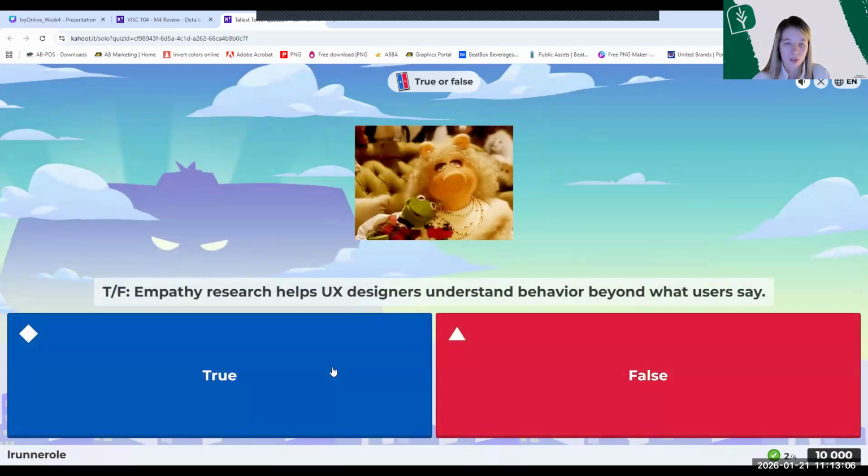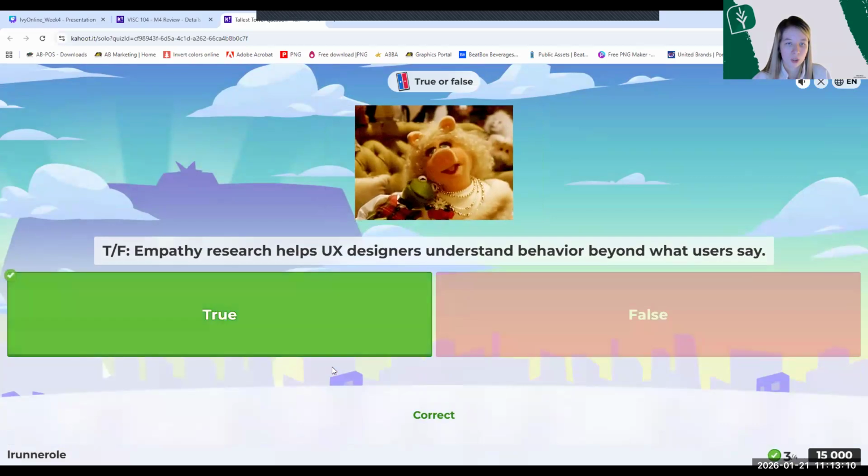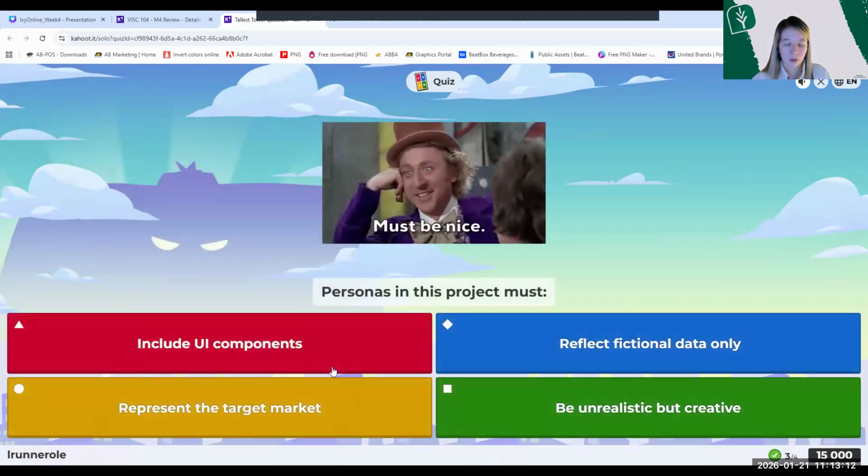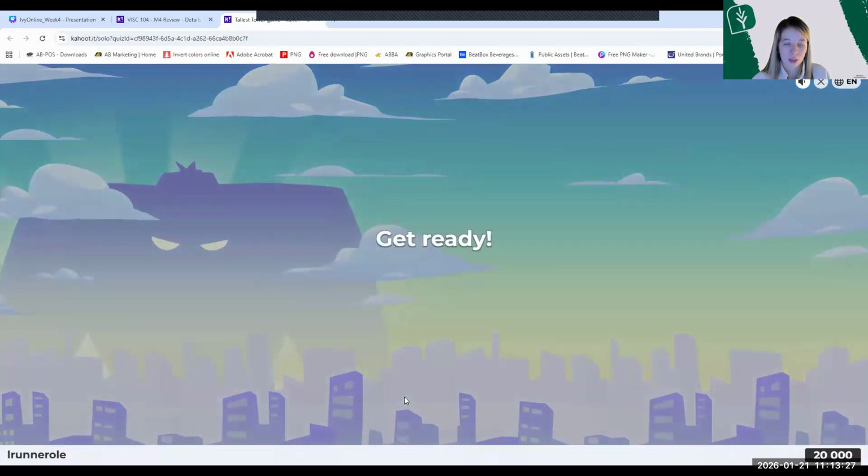Empathy research helps UX designers understand behavior beyond what users say. True. I gotta answer another one, sorry. Personas in this project must reflect fictional data only, be unrealistic but creative, represent the target market, or include UI components. Let's see what it does.